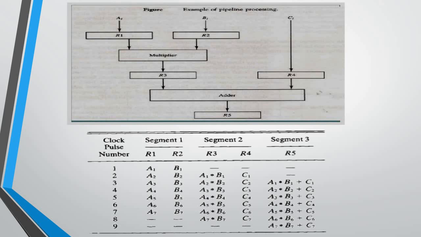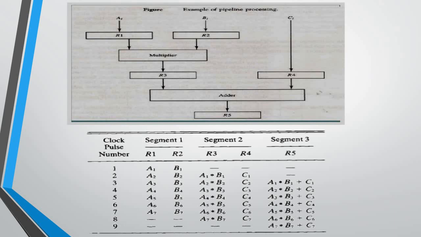In the second clock cycle, new data entered into R1, R2. The previous A1, B1 is transferred to segment 2, R3, and new data C of I entered into R4. There is no data in segment 3.